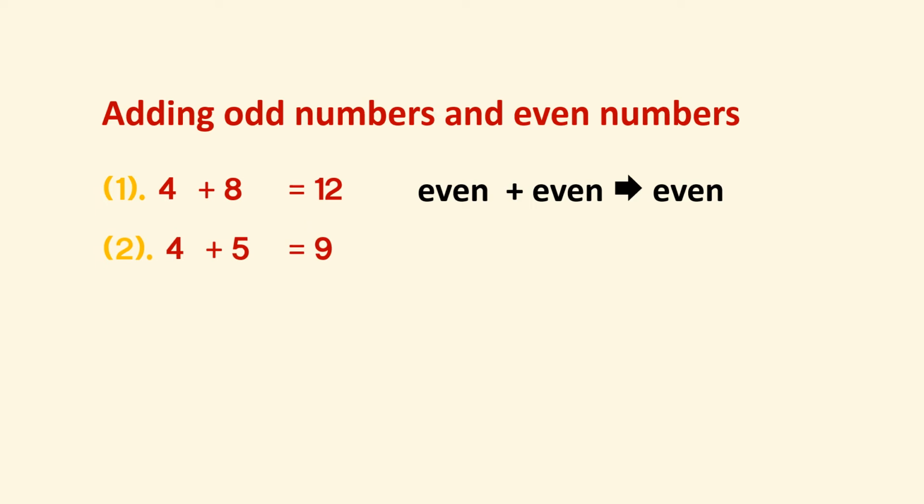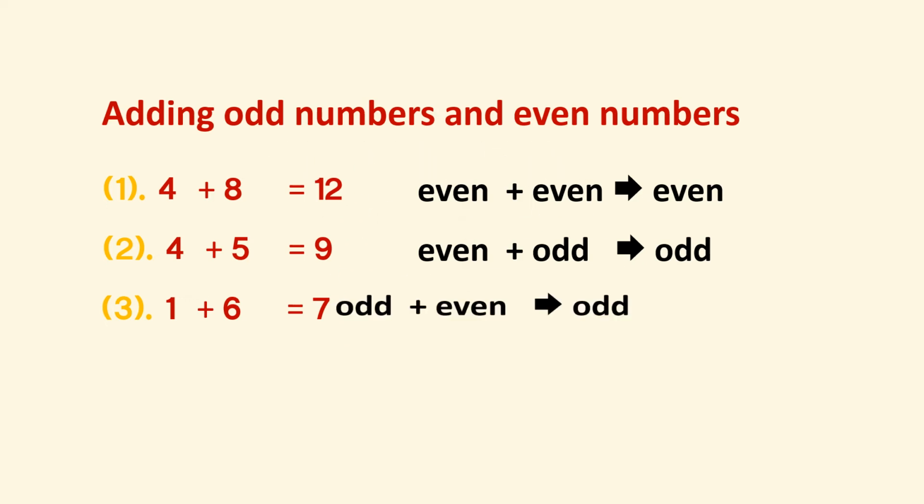Second one, 4 plus 5 equals 9. That means even number plus odd number equals an odd number. Next, 1 plus 6 equals 7. 1 is an odd number, 6 is an even number, 7 is an odd number.